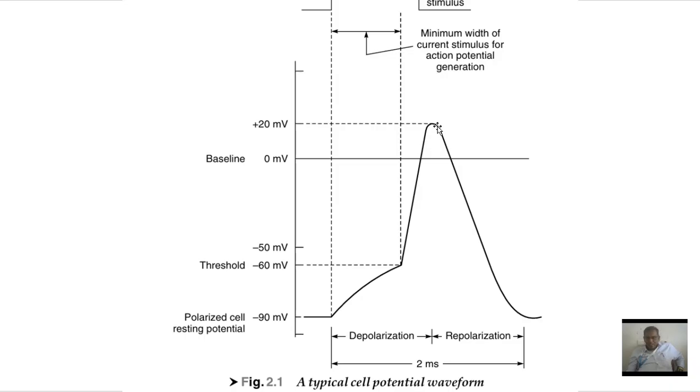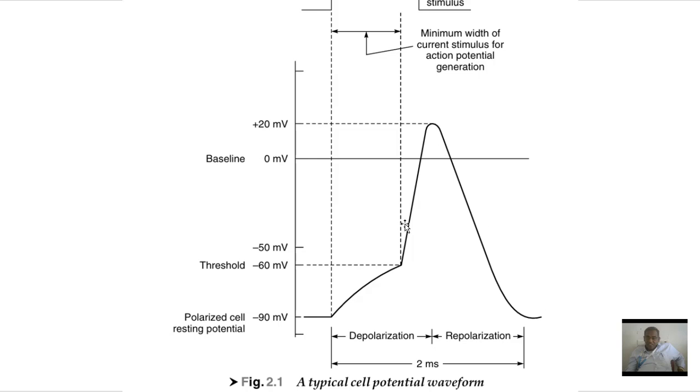After that, because no stimulus is given, the cell tries to come back to the initial position. So the cell starts to repolarize and comes to the initial condition, that is called the polarized cell or resting potential. So from minus 70 millivolt it goes to a maximum of plus 20.